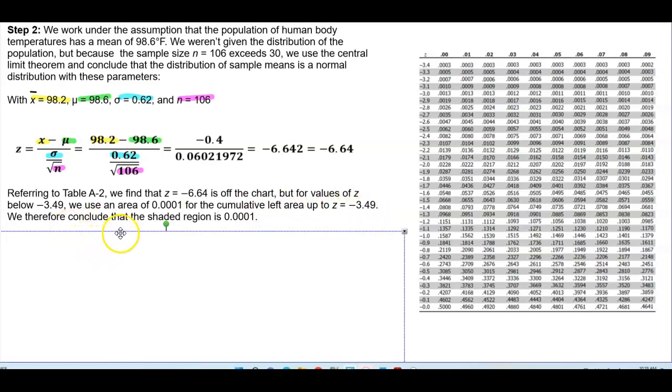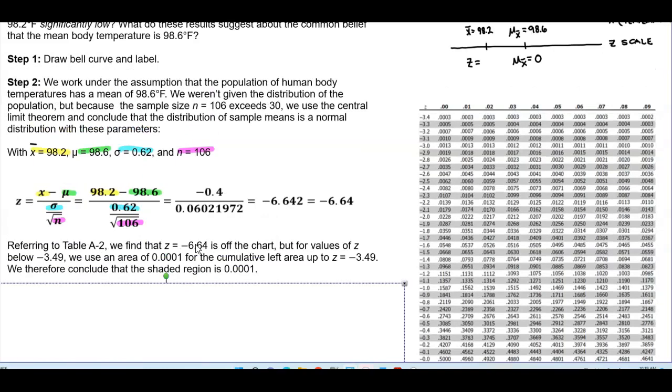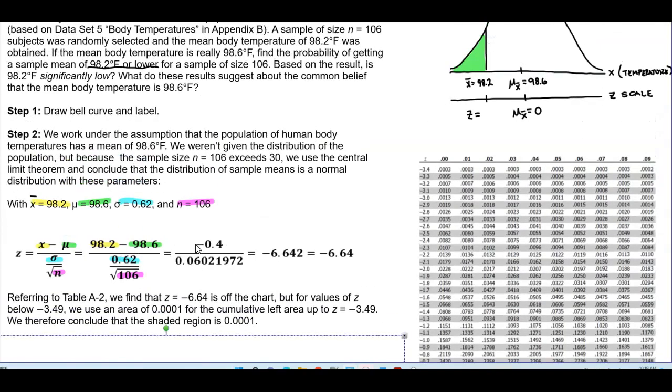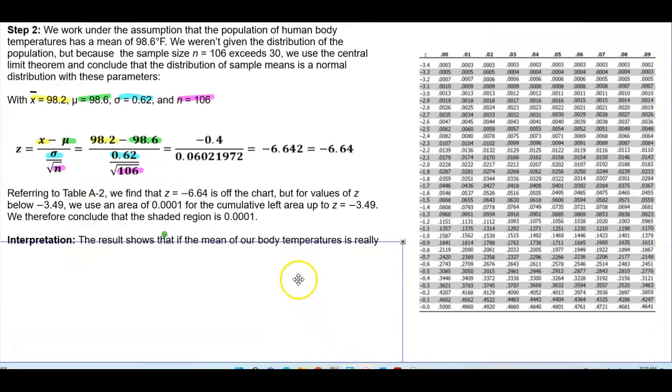We therefore conclude that the area is 0.0001. Let's come back up here and label what this is going to look like in our graph. We know that the z-score is negative 6.64, and we determined the area here is 0.0001. It's always good to go back and reflect on your graph.